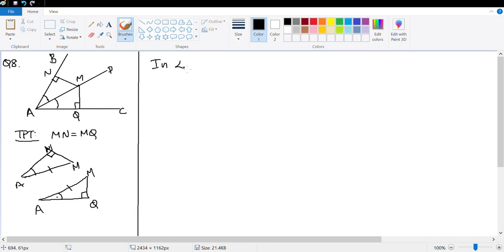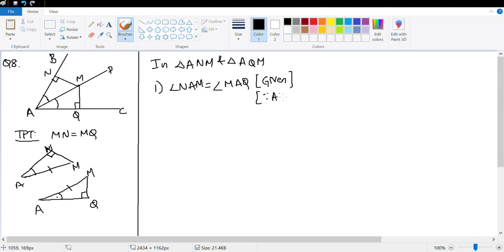So in triangle ANM and triangle AQM, number 1, angle NAM is equal to angle MAQ. Why? This is given, since AP bisects angle BAC.